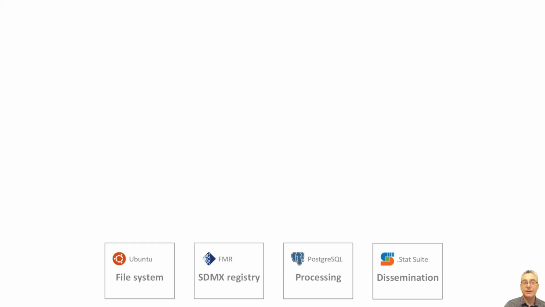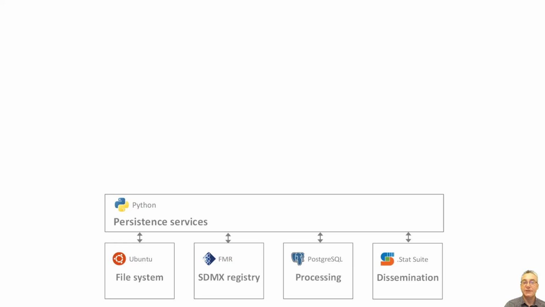To orchestrate these applications, a layer of basic persistent services has been developed in Python. These services support essential operations such as reading and writing to the file system, the SDMX registry, the processing database, and the dissemination platform. For completeness, NADA, the software powering the Microdata repositories referenced in the demo, is worth mentioning.